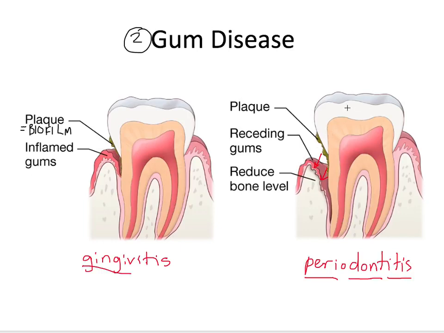The way to distinguish periodontitis from gingivitis is that periodontitis involves bone loss, whereas gingivitis does not. So periodontitis is an irreversible process because, unless we're doing a graft or something like that, bone is very difficult to reform.